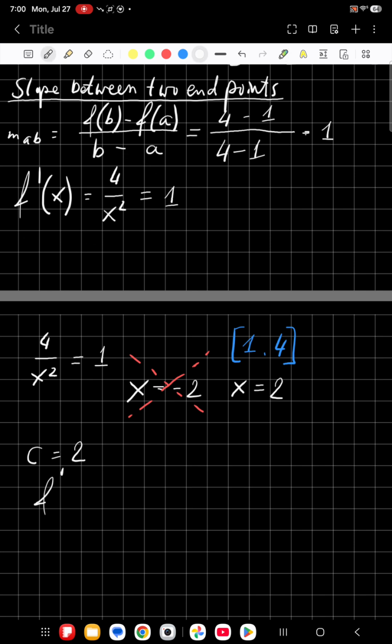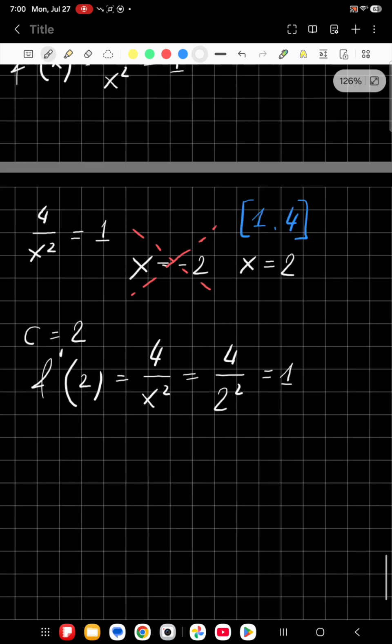Let me write it using x: this is the formula for the slope of that particular curve at that particular point. So we have 2 squared, and we have 1, and that's the slope of the curve at point 2. And that slope is the same as the slope of the line connecting those 2 points.